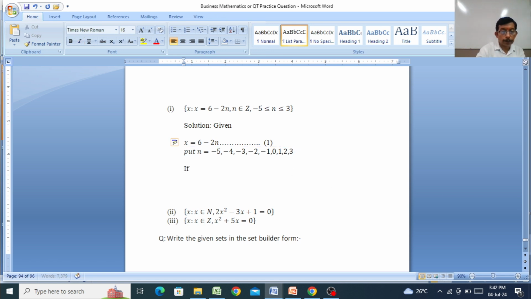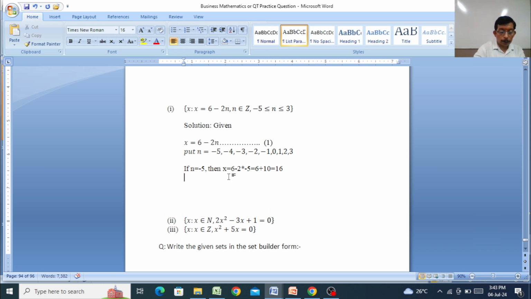If n is equal to -5, then x is equal to 6 minus 2 into -5 is equal to 6 plus 10 is equal to 16.